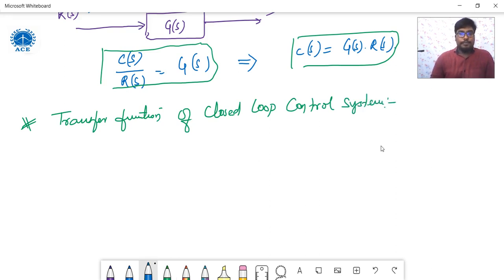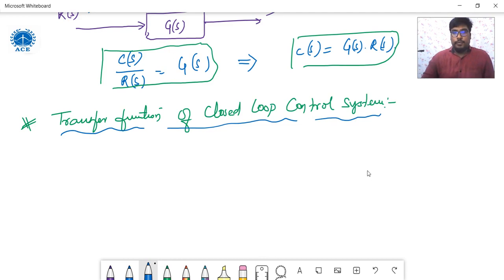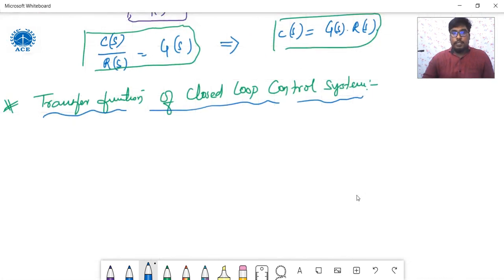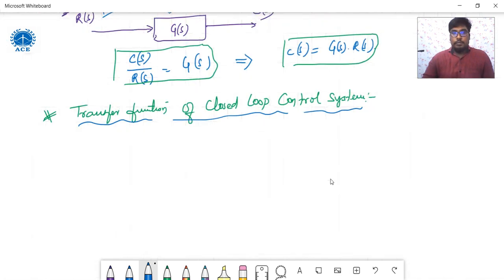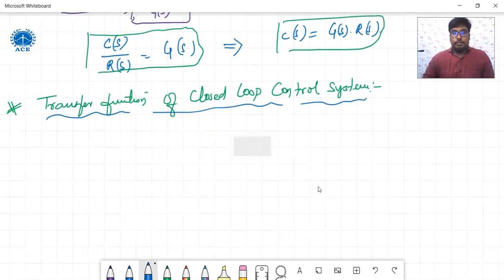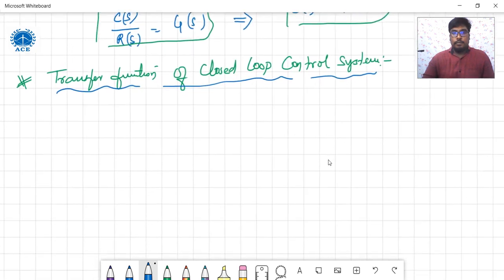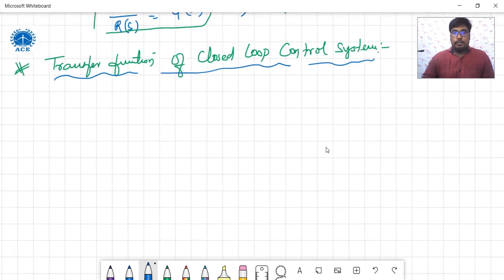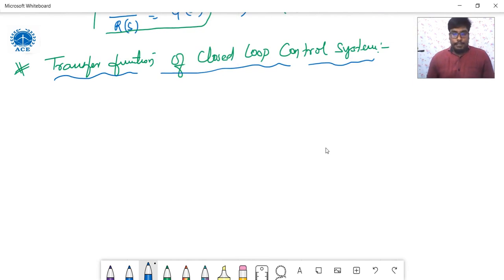Okay, so let us see the closed loop control system transfer function.